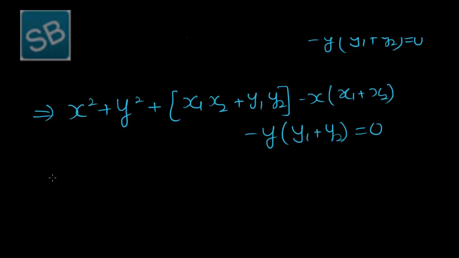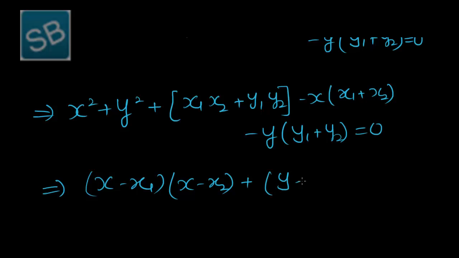That gives, we can also write it in this form, (x minus x1) into (x minus x2) plus (y minus y1) and (y minus y2) is equal to 0, which is the required equation in diameter form of a circle.